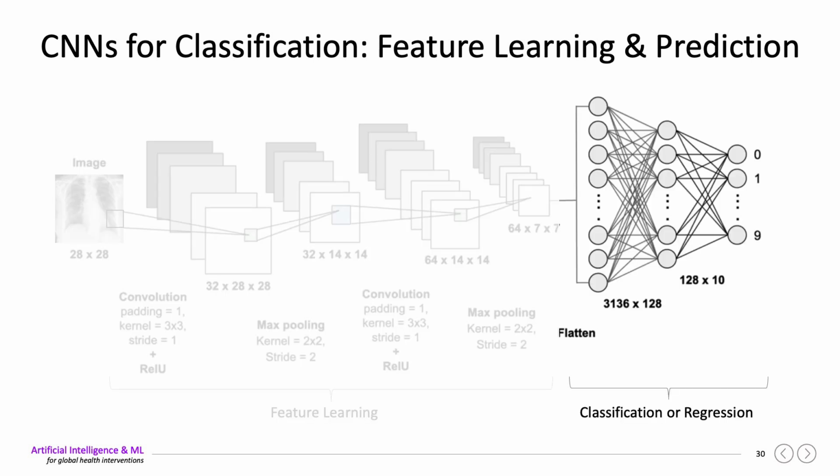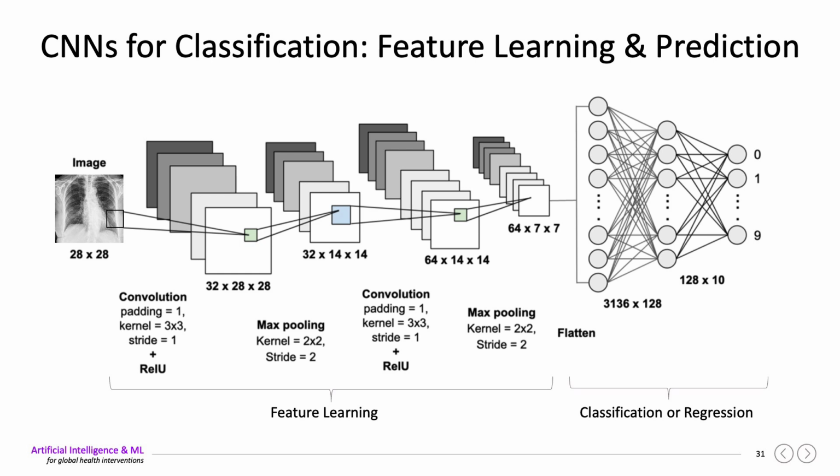The feature maps are then flattened into a 3136 dimensional vector and passed to a fully connected layer with 128 units that integrates the learned features. The final output layer consists of 10 neurons, each corresponding to a different possible chest X-ray pathology, producing scores that are typically converted into class probabilities using softmax to support multi-class or multi-label clinical assessment.